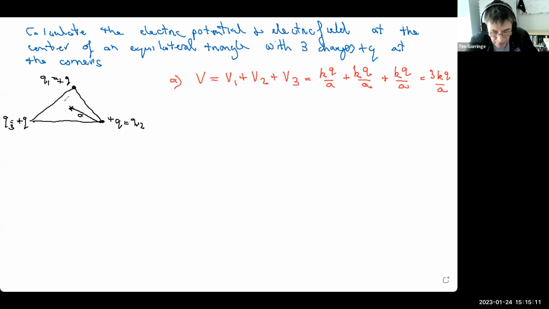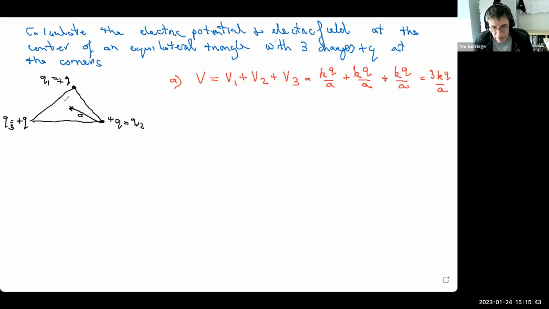Now, I should say, because only potential differences are physically significant, that this is the potential difference with respect to zero potential infinitely far away. So when I said that the electrical potential of a point charge is KQ over the distance from the charge, that expression is under the assumption that we're calling the potential zero infinitely far away.